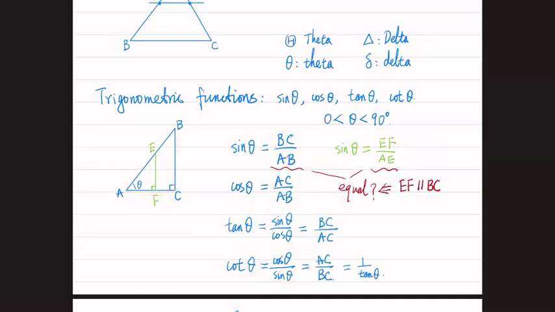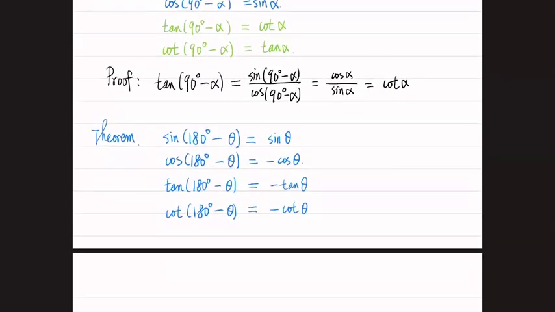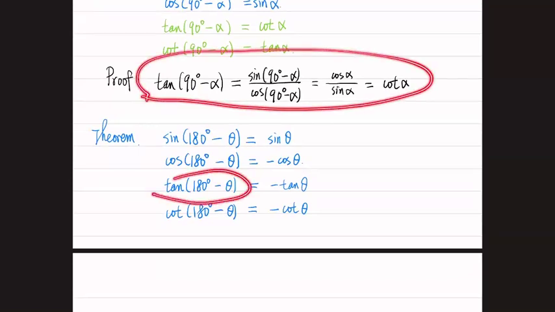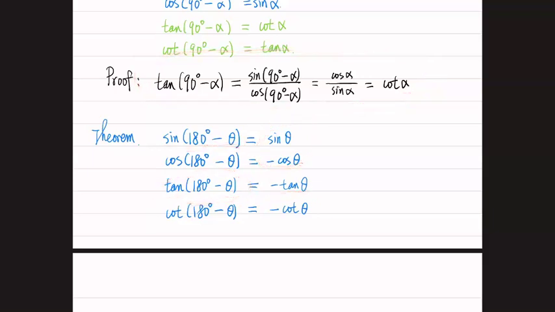So for this question, what we need is what you had proven in the same method, because tangent is the quotient of the two, sine over cosine. When we apply the two formulas, we get sine over negative cosine. Exactly, yes.